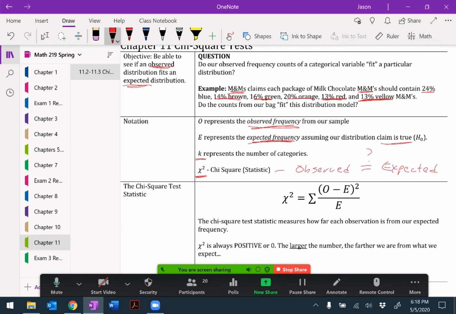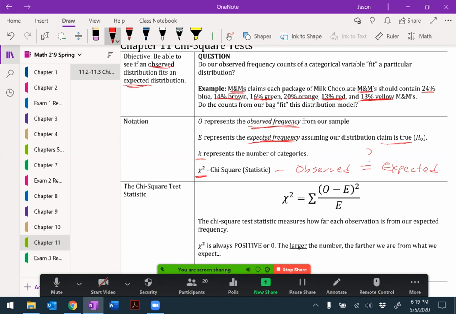Now we've done cases where we had one observation, maybe that was mu or population mean, or we did two observations, the difference between two parameters. But now we're doing multiple parameters. Here we've got 6 parameters.